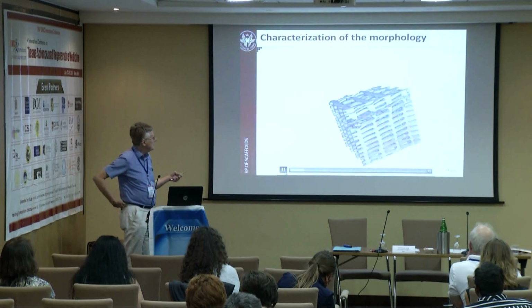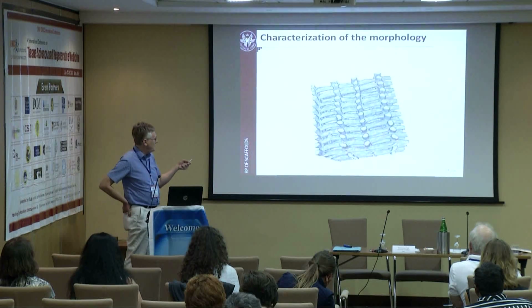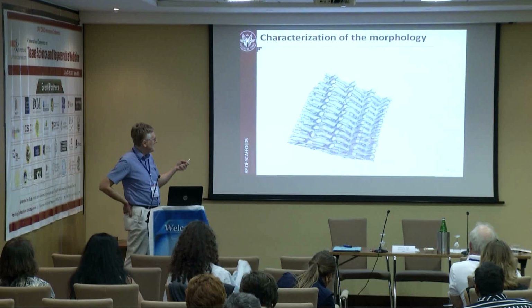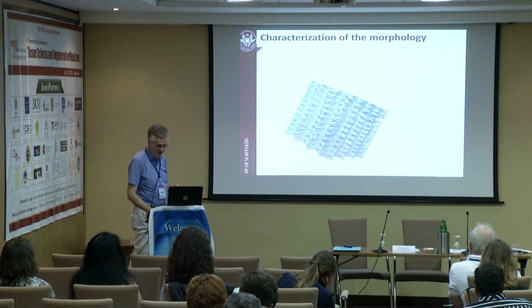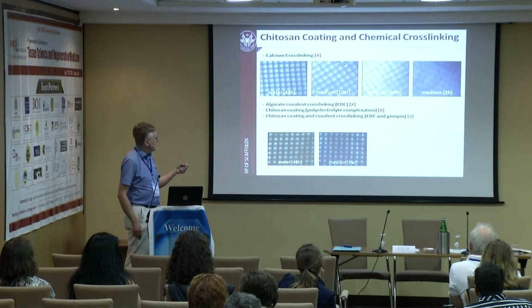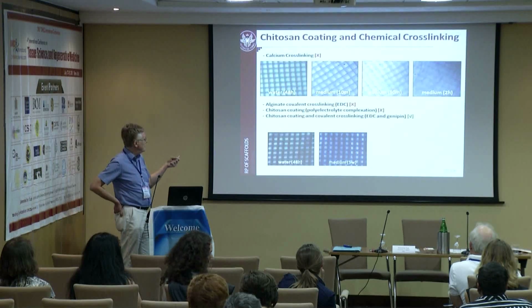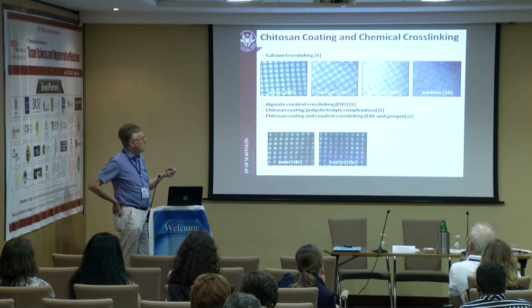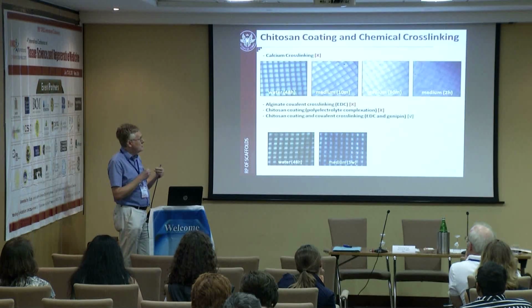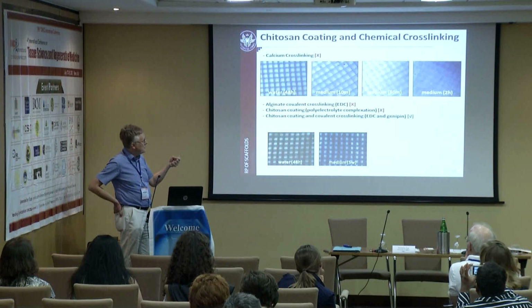So here is a 3D reconstruction of a bioprinted scaffold in the swollen state obtained by computed X-ray microtomography. One of the problems of the calcium physically cross-linked scaffold is that when you put it in a cell culture medium, it tends to lose its ordered structure, and for prolonged periods of time, the fibers tend to dissolve.